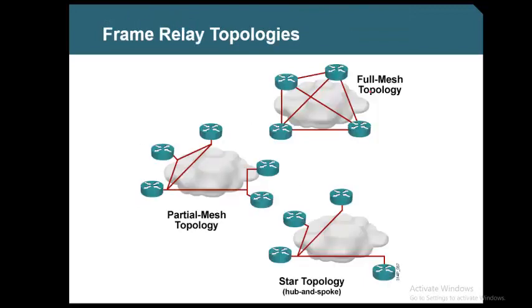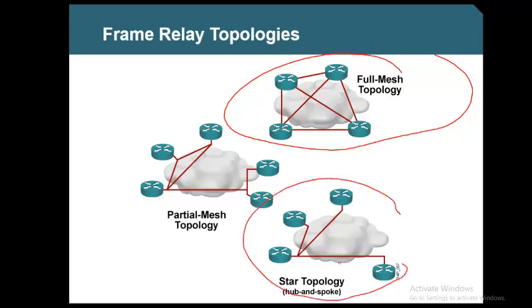Different types of frame relay topologies that we used to have in those days, frame relay days. This is very costly, as I told you. Every site is connected to all other sites directly. This is the cheapest one, hub and spoke, and this is a little bit costly because you have some additional connections, like partial mesh.